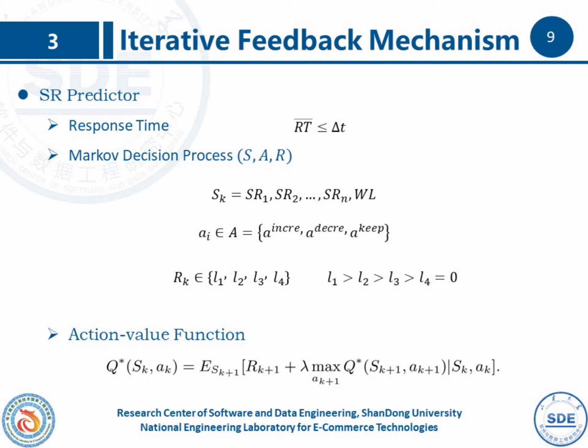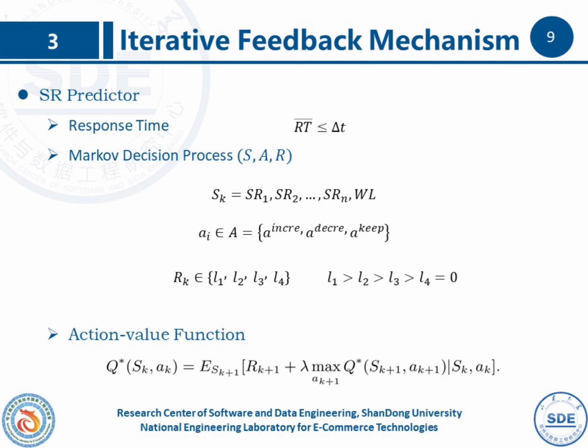In this paper, the response time should be within an acceptable bound, that is, the response time RT should be less than a threshold DRT. The process of decision-making for software resource allocation can be formulated as a Markov decision process, which consists of states, actions, and rewards.